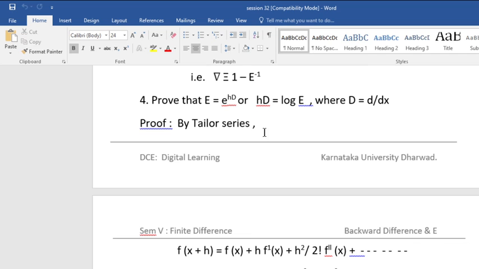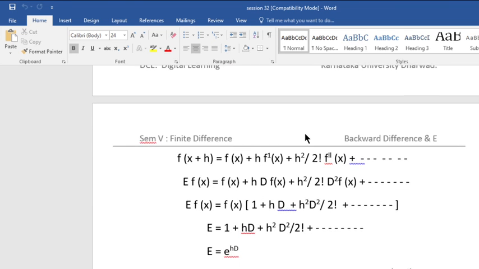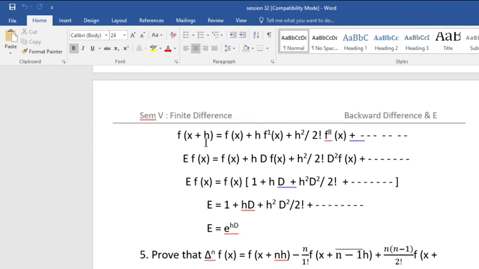Now, by using Taylor's series, we can write f of (x plus h) is equal to f of x plus h into f dash of x plus h square by 2 factorial into f double dash of x plus and so on. And this f of (x plus h) itself we can write as E of f of x, and here keep this f of x as it is, h as it is, and f dash of x we can write as D of f of x.